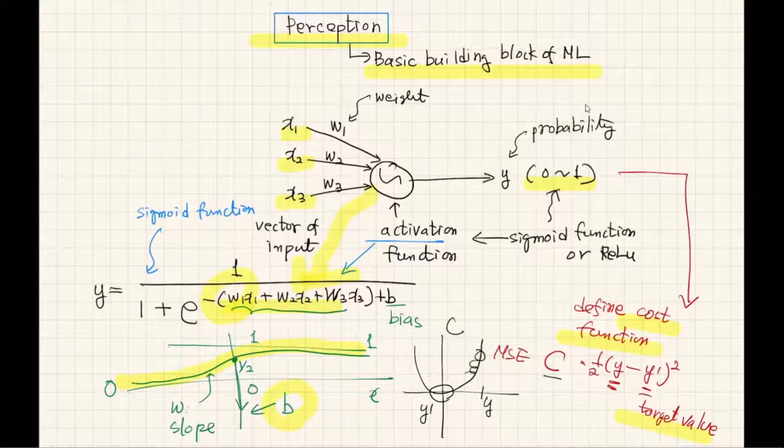In this process, you gradually change W and B to reach this minimal point, and that process is called gradient descent. Even though I'm using this one-page slide, this describes the very basics of perceptron and the training process.